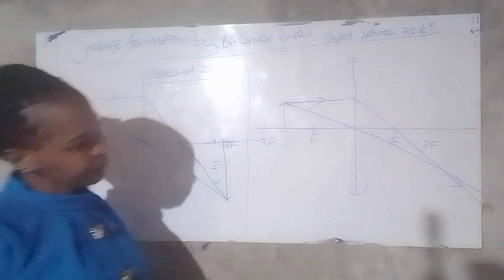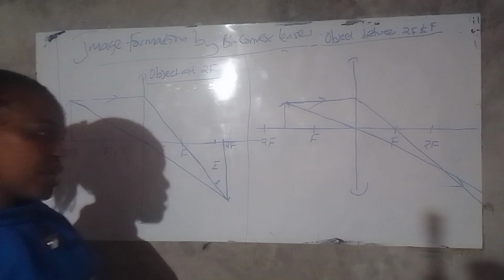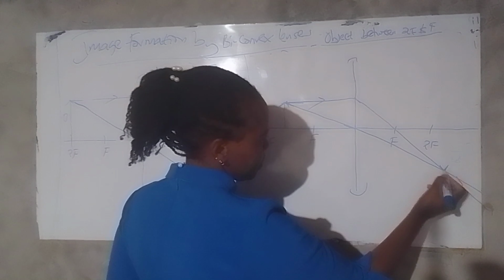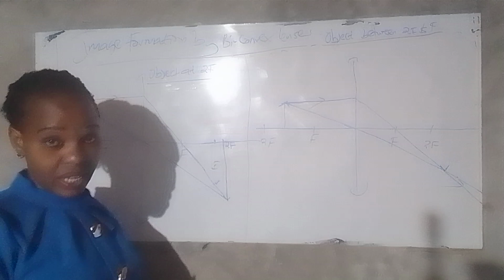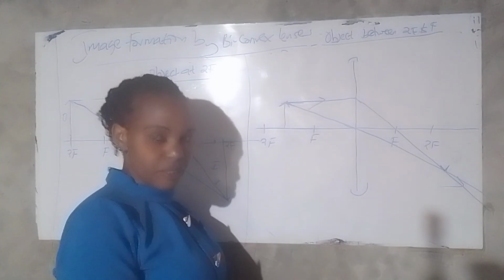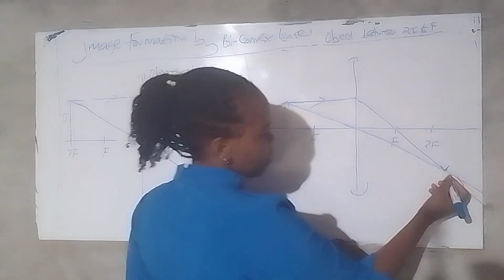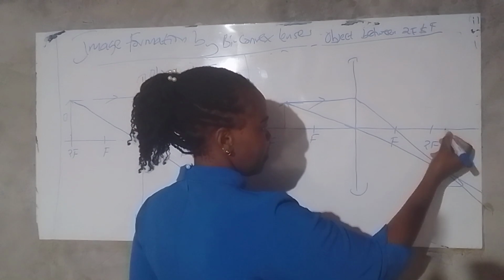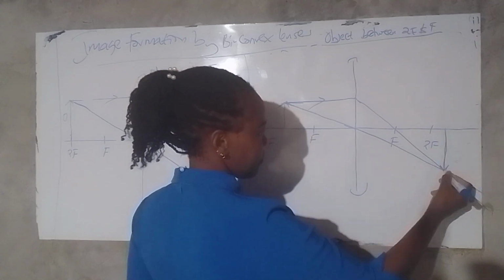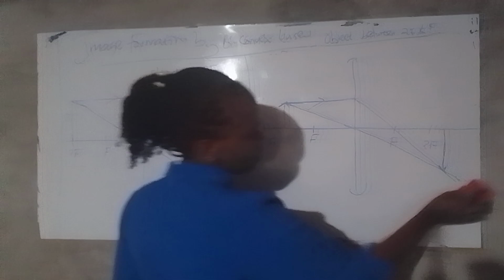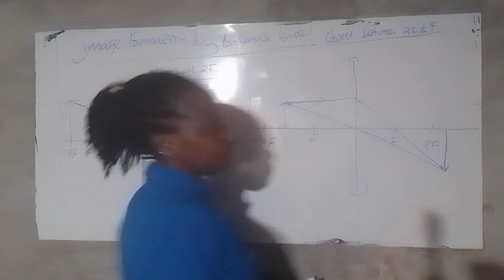Something like that. Okay, so where do they meet? They meet there. Where they meet, you draw an arrowhead, facing down because they are on the lower side of the principal axis, and you draw a straight line to intersect the principal axis. Something like that. Now, if you draw to scale, then yours will be much better.